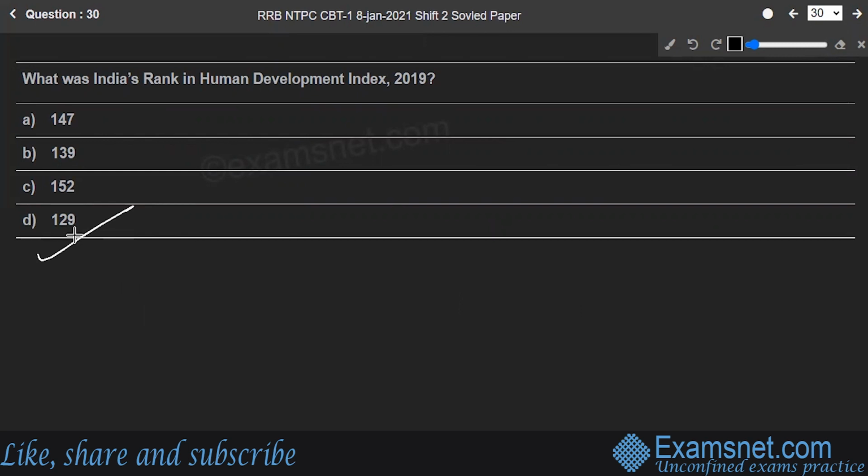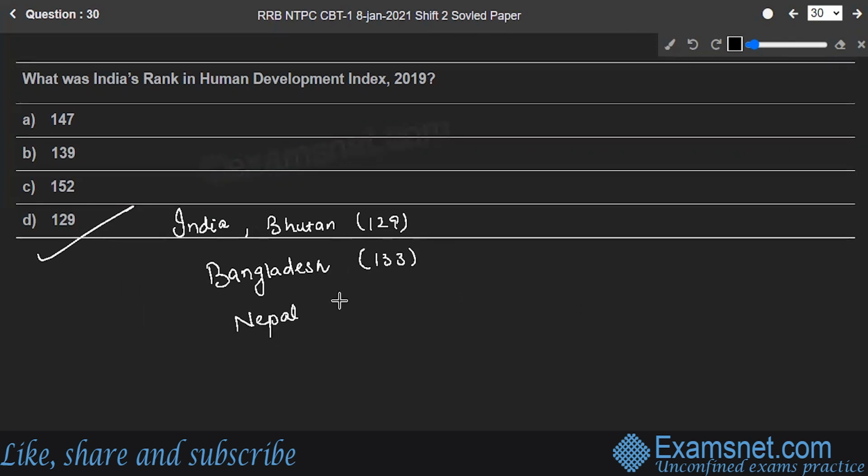Human Development Index 2019 report said India 129, Bhutan, Bangladesh 133, Nepal 142, Pakistan 154, were ranked among other countries with medium human development.